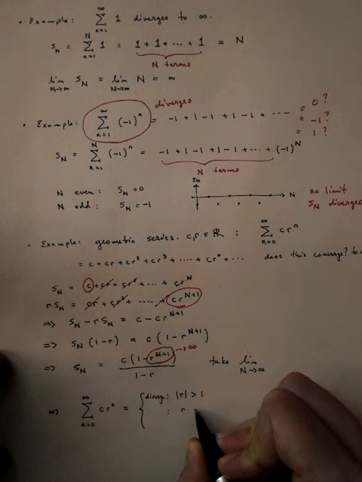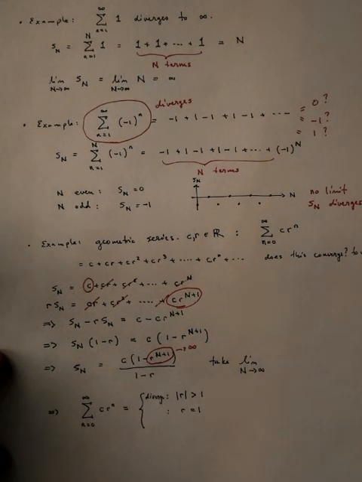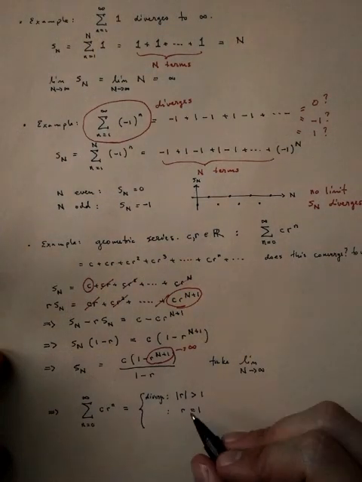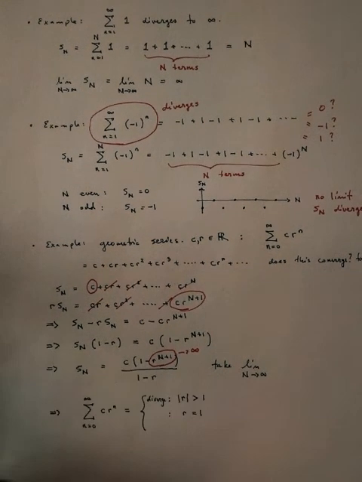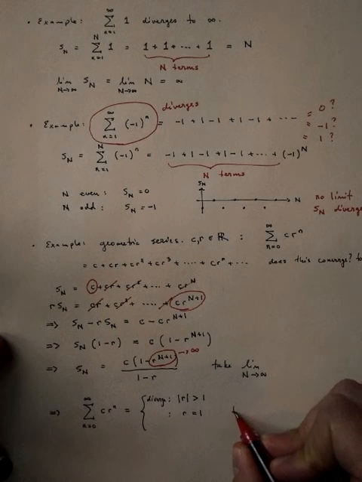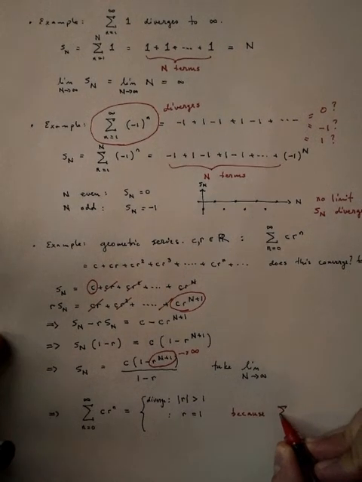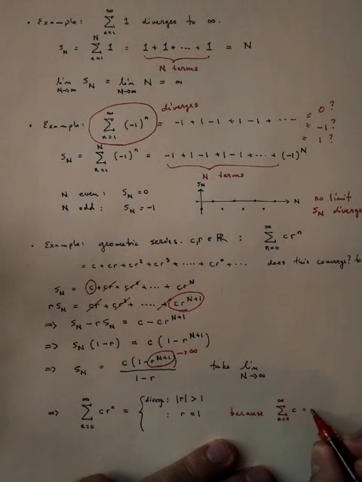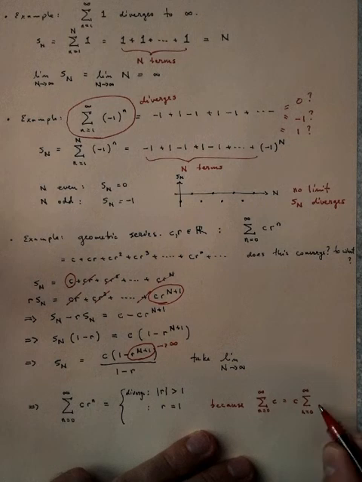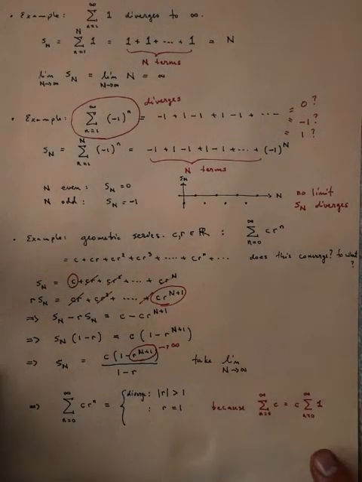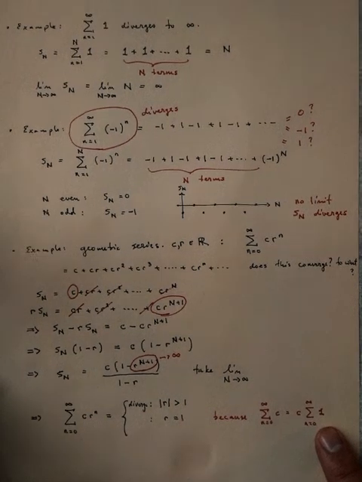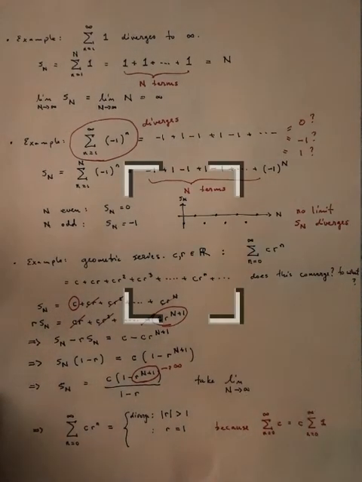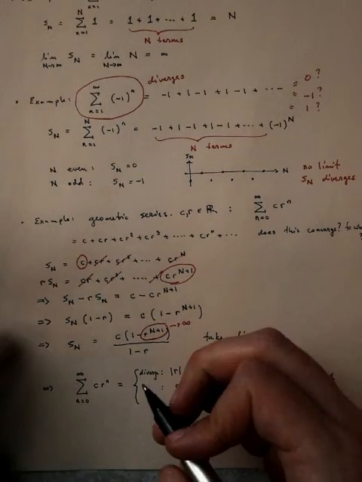Okay, if r is equal to 1, then you can see that it also diverges, because I would be adding up 1 infinitely many times, which we already know diverges from up here. So it also diverges in this case.